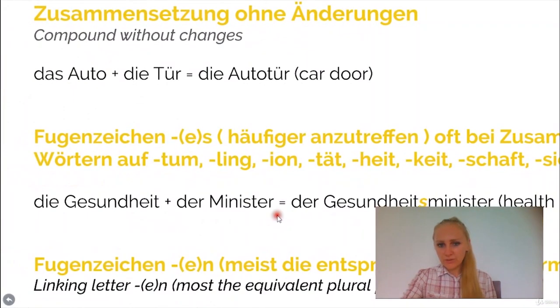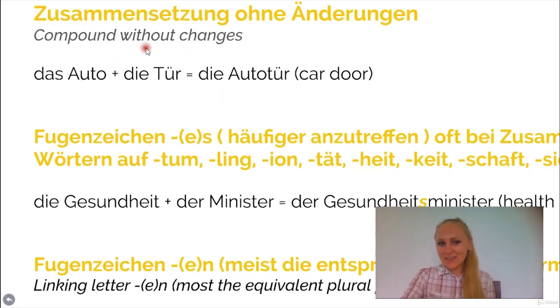So very important for you also to know, if you have compound words that have two different genders, here we have a neutral noun and a female noun and a masculine noun. Now whenever you create a new word, you have to figure out, is the new created word, like here, Auto and Tür, is it about the door or is it about the car? Is it a car door or is it a door car, right?